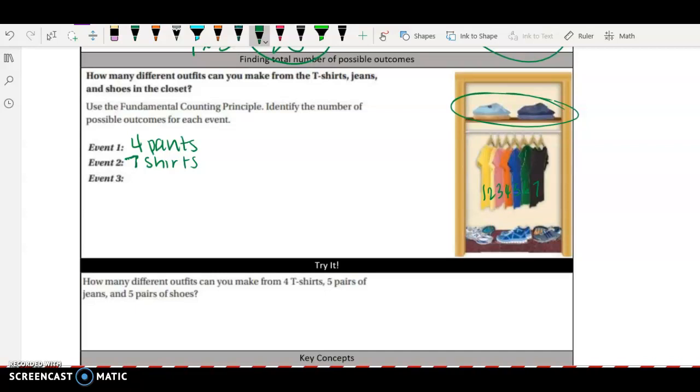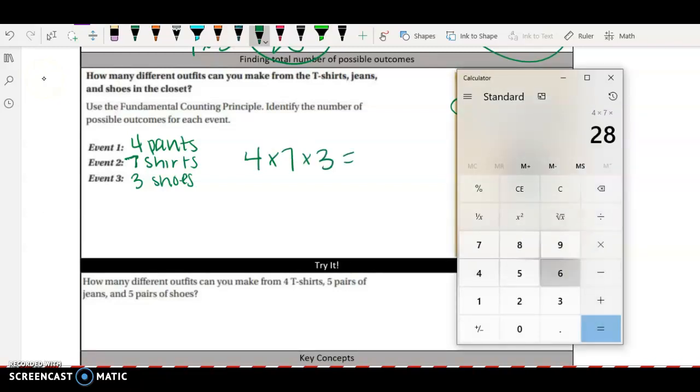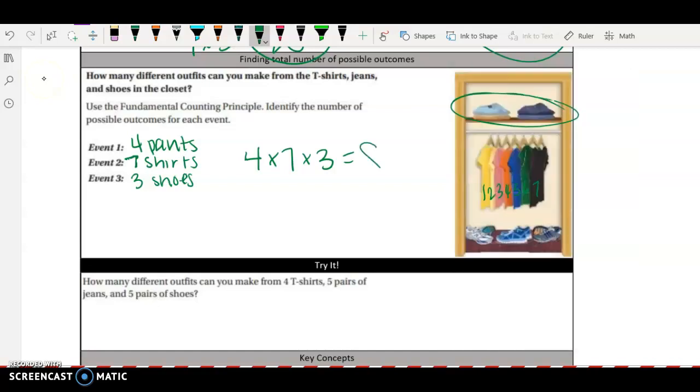And we have 3 pairs of shoes. So all we're going to do is multiply all those together. So 4 times 7 times 3 is 84 outcomes.